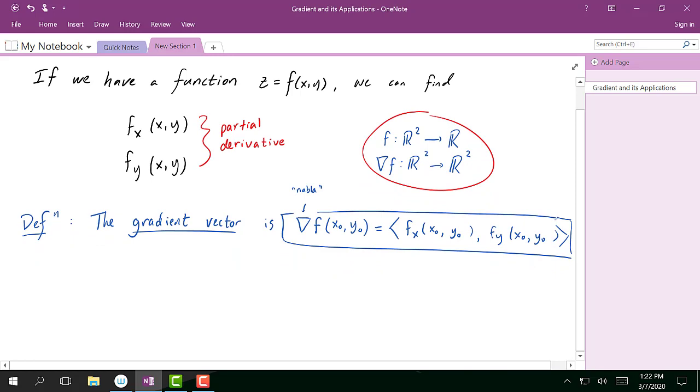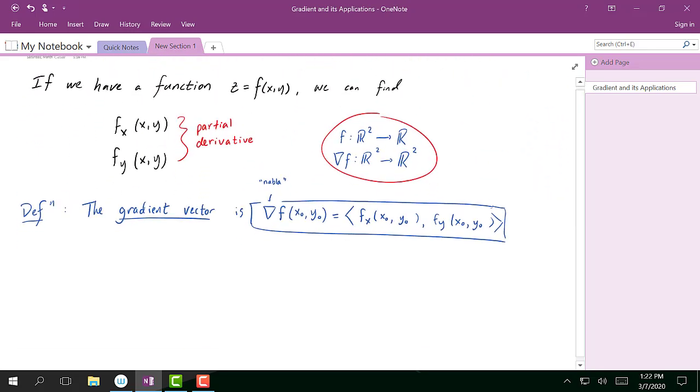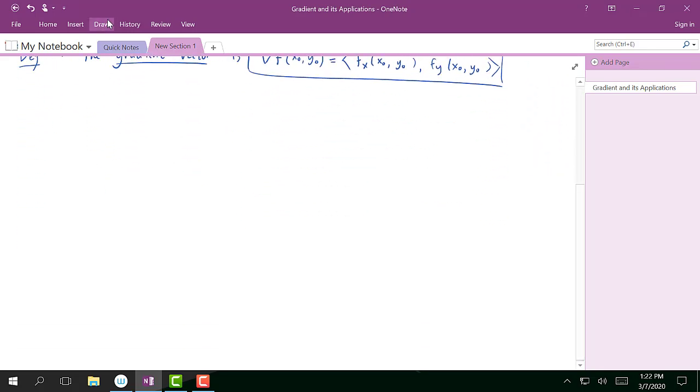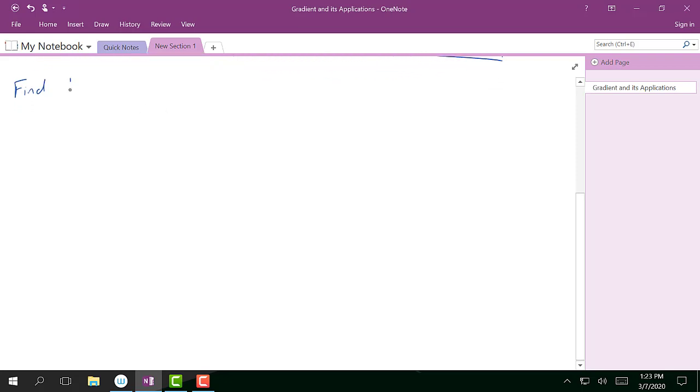Okay, let's go ahead and practice by taking the gradient of a specific function, and then we will go from there. Okay, so we're going to find the gradient of the function f of x y equals 4y to the fifth divided by x.